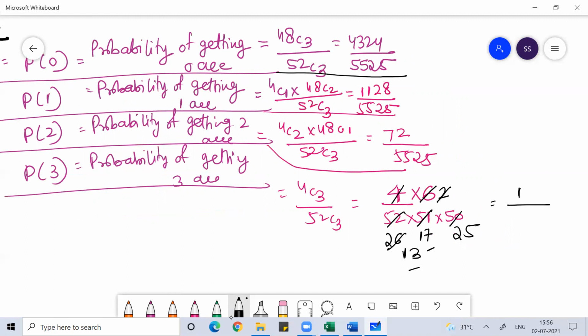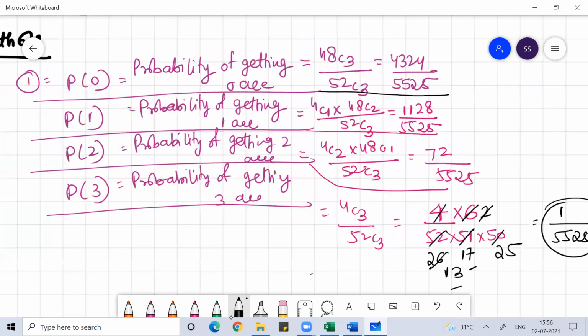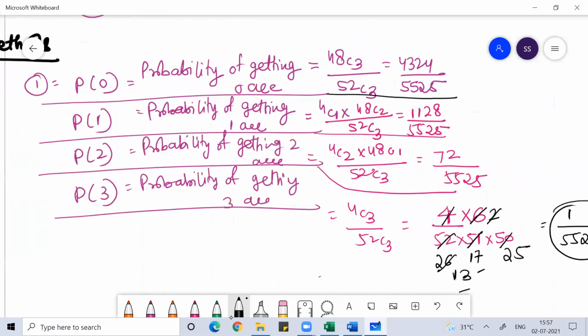That is 221, I guess. 17 3s are 51, then 17 1s are 17. That would be 221 into 25. So you'll get 1 by 5525. So this are your probability distribution.